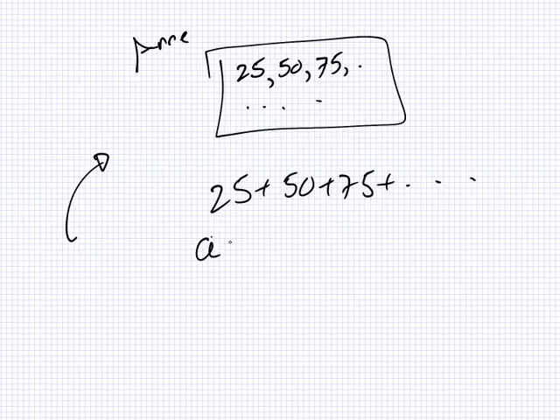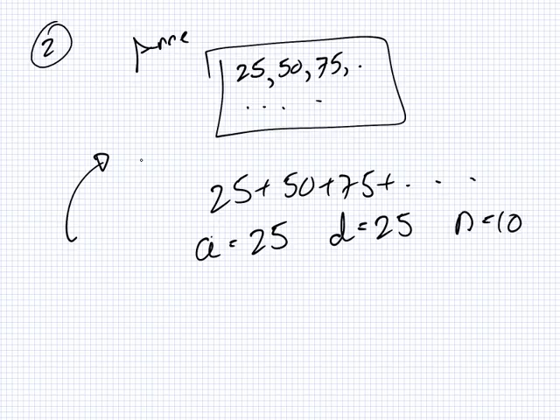What's the A? 25. Please, you're doing that thing again that annoys me. The D, 25. And the N, 10. Okay, so what form? AP or GP? AP.